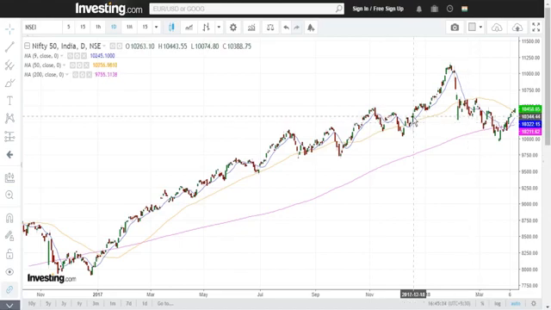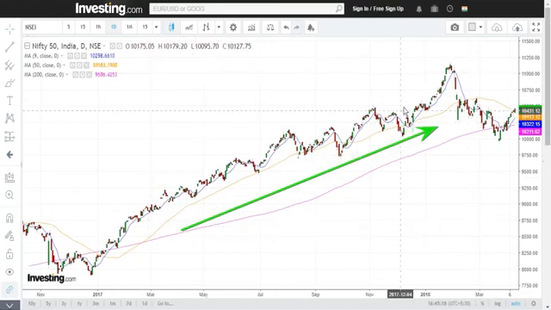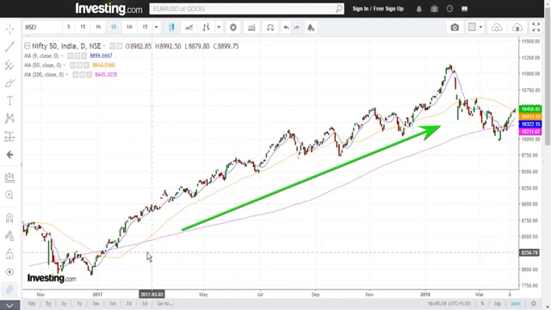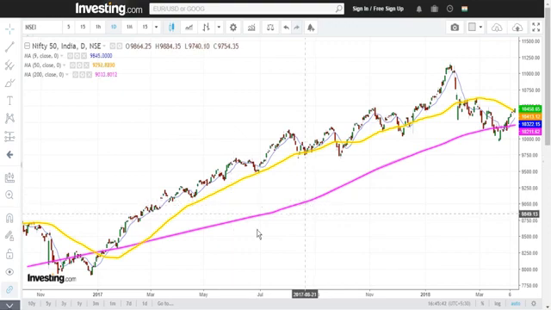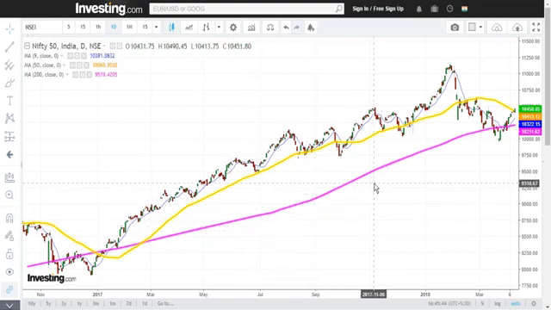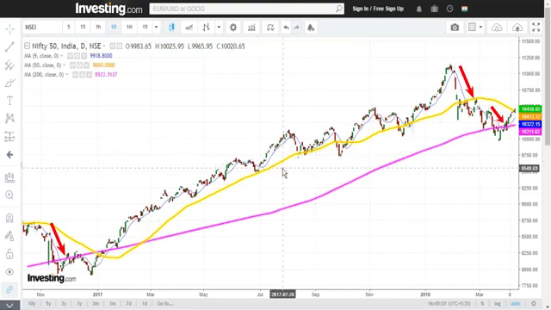Now here when we are looking at this move, this is a very good up move, and we can see that the medium term and longer term moving averages are trending in the upward direction. So if the medium term and longer term moving averages are trending upward, we can understand from the slope that we are already in an uptrend, and vice versa, if they are in a downtrend, we would understand that we are already in a downtrend.